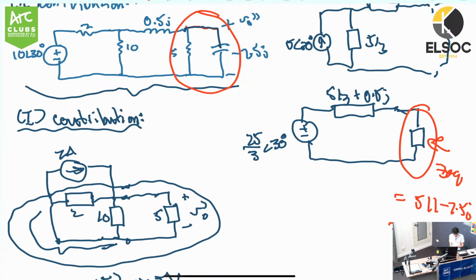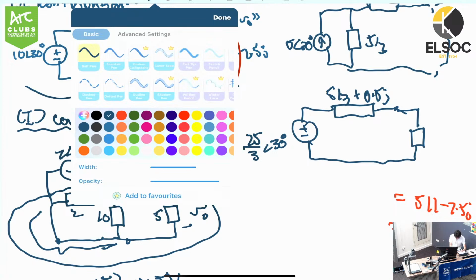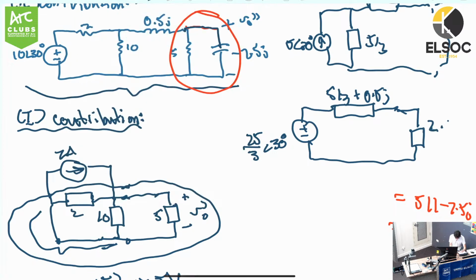If I just chuck it into my calculator, that becomes 2.24 angle minus 63.4 degrees. And I'll just save that as well.